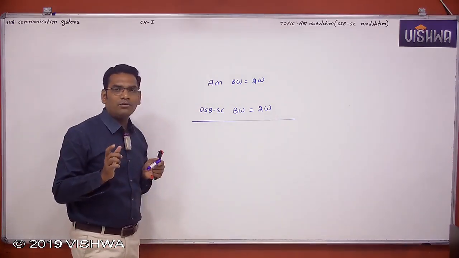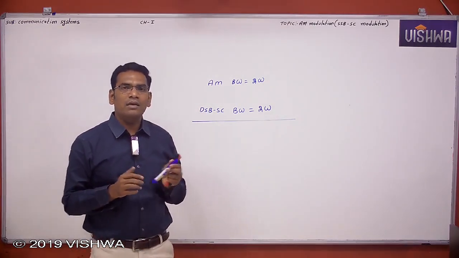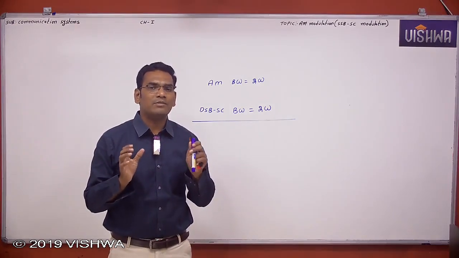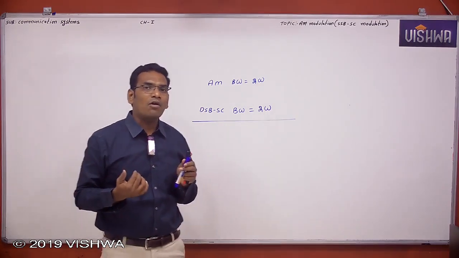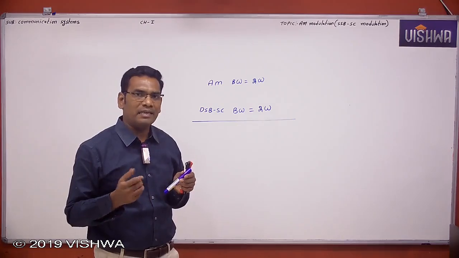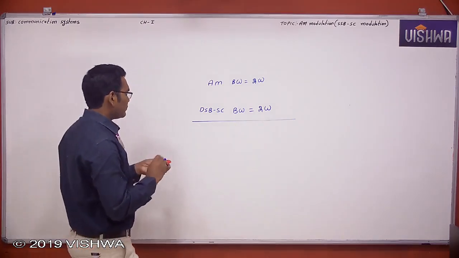So I want to minimize the bandwidth, because the bandwidth of the modulated signal should be as minimum as possible, such that I can accommodate more signals through the channel, which is called multiplexing.